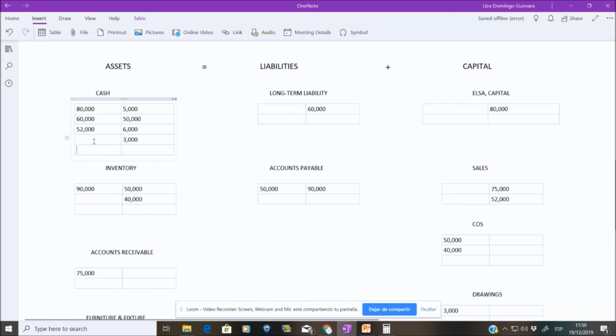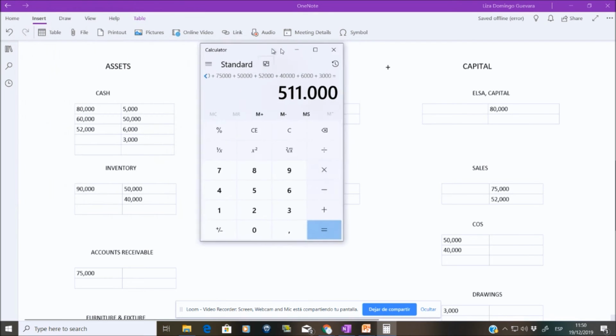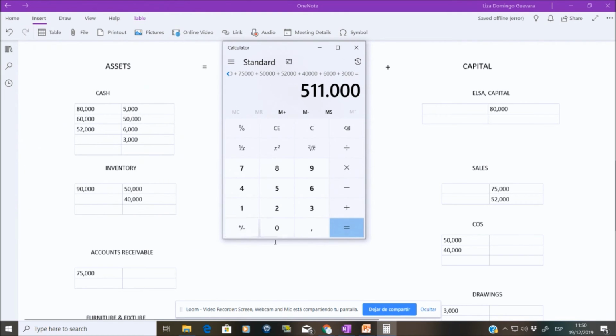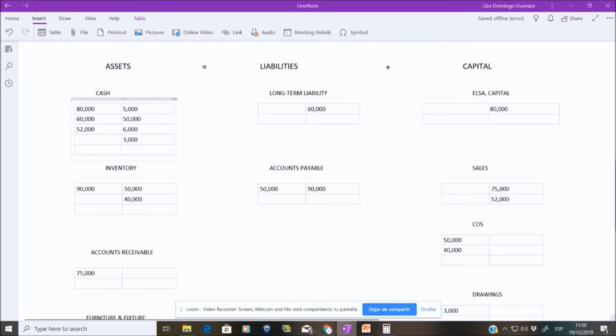So the balance of your cash account, so let's add 80 plus 60 plus 52 minus 5 minus 50 minus 6 and minus 3 equals. So your cash account has a balance of 128,000.